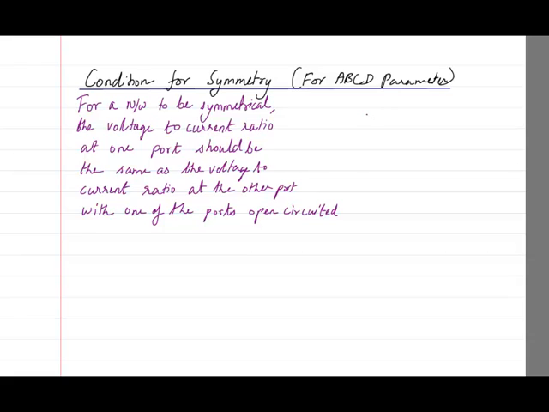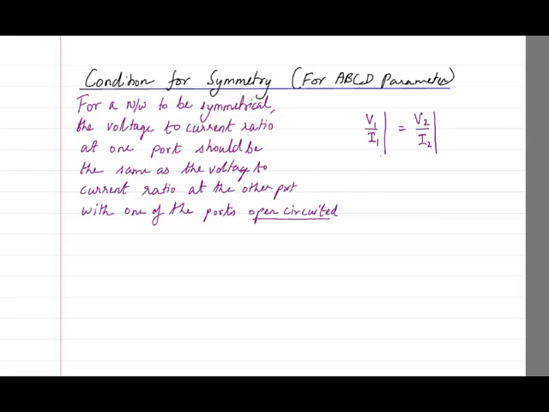It is V1 by I1, the voltage to current ratio at the input, which should be the same as the voltage to current ratio at the output when the other port is open circuited.